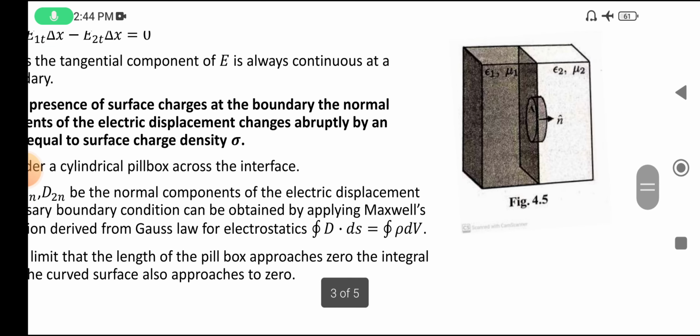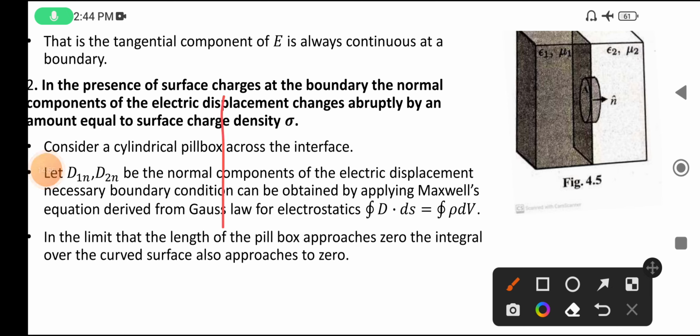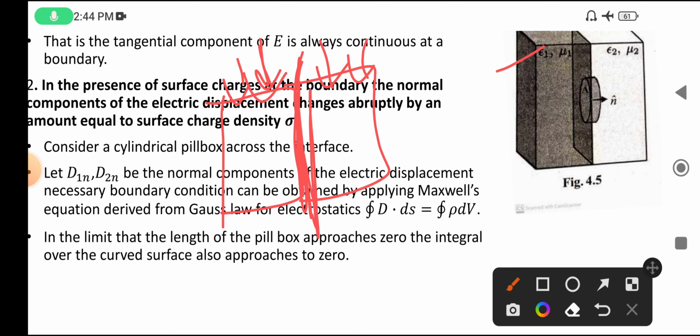In the previous tangential case, we took two objects like this, joined in this manner, and we said it is a boundary. Here also we take the same thing, but in the tangential case the electric field came like this, parallel to the boundary.